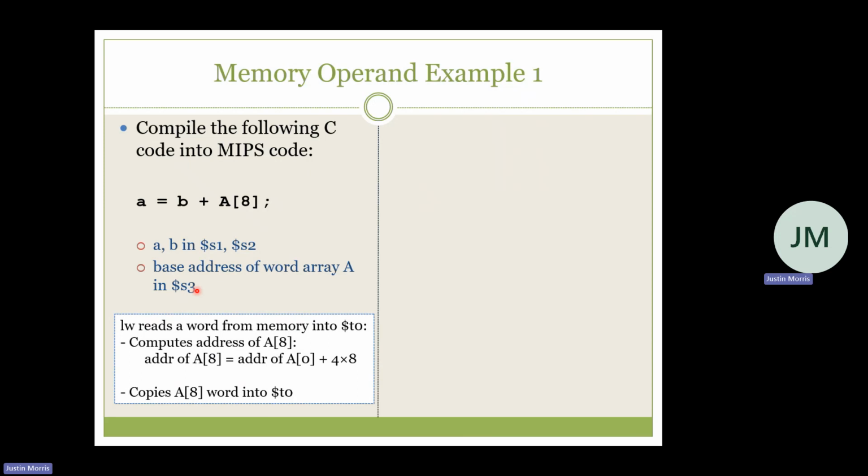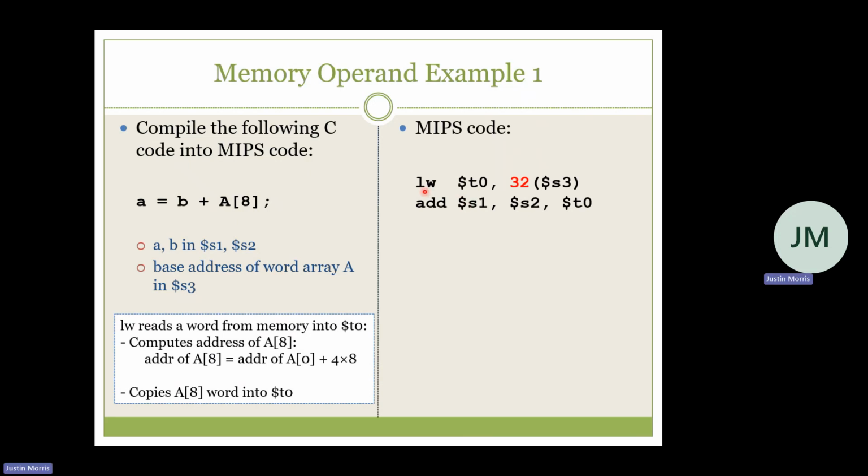So really what we need to do here is first copy the data of A at the 8th element into some register. We're going to put it into some register T0. And then once it's in register T0, we can add T0 to S2 and then store it into S1, right?